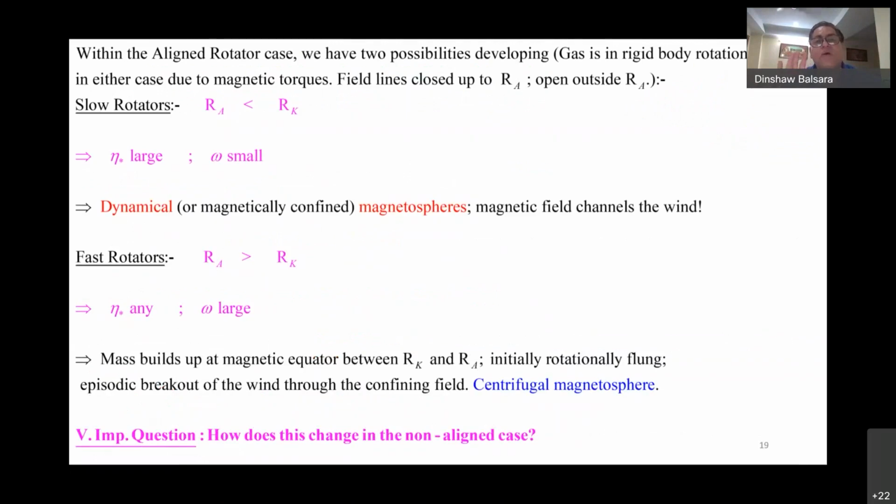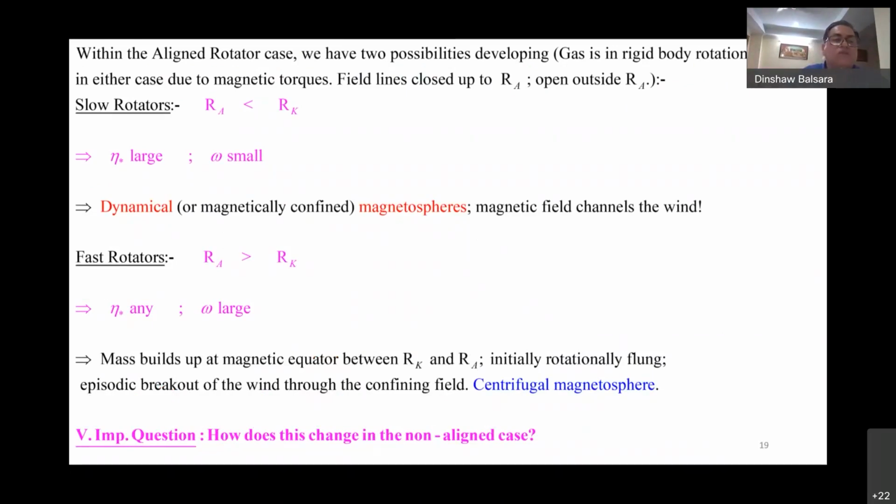Notice that this is all pertaining to the aligned rotator case. In the aligned rotator case, we know that the magnetic torques are such that the wind material will be rotationally locked to the magnetosphere out to the Alfvén radius. Okay? Outside the Alfvén radius, the field lines open up.